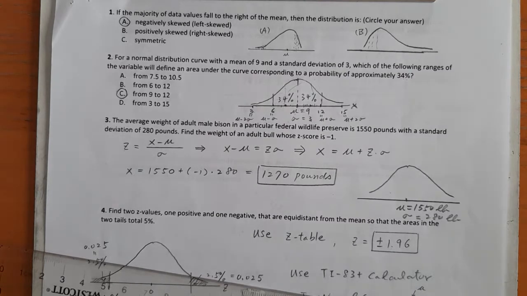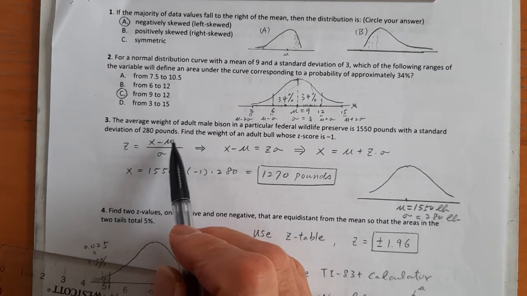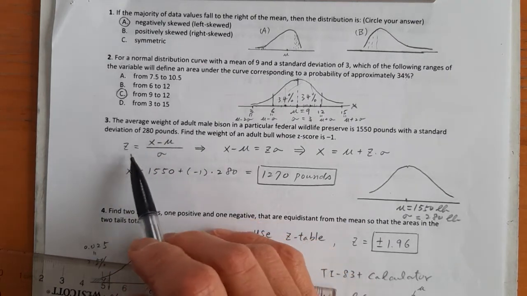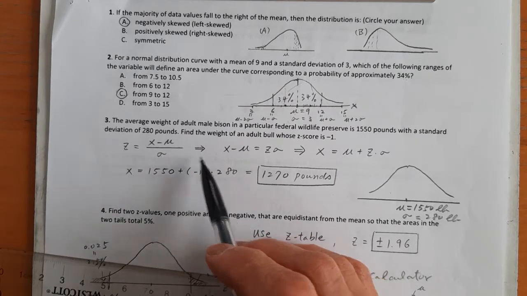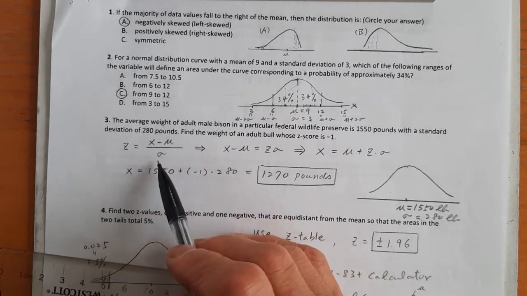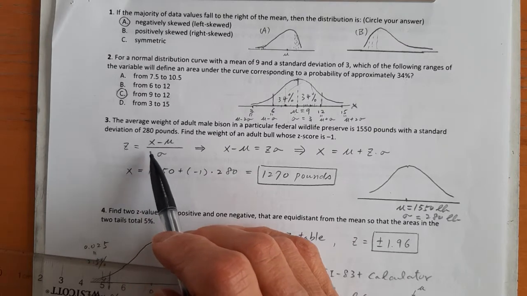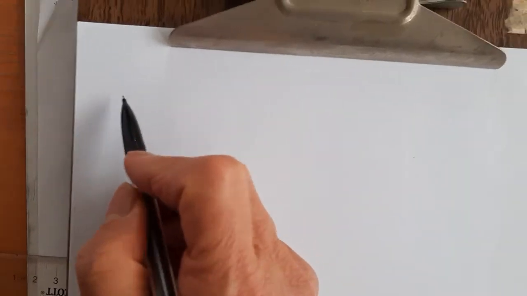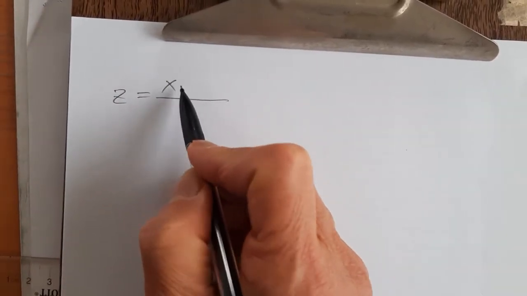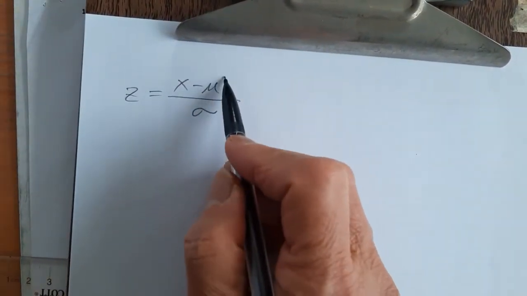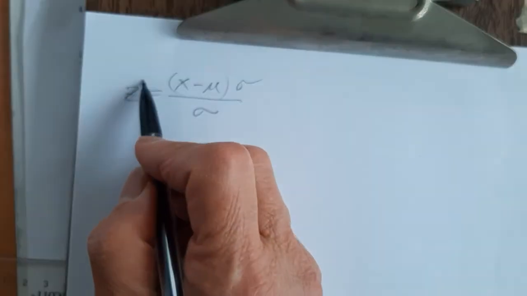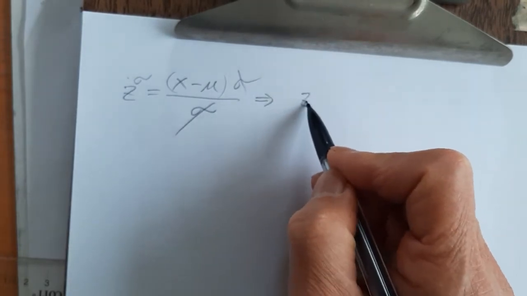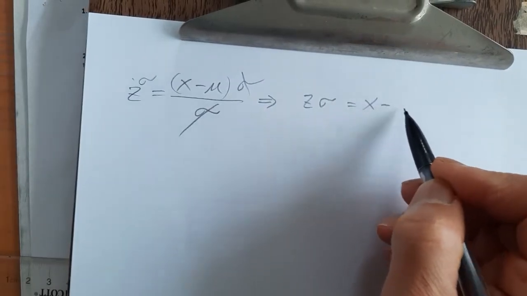Z equals x minus mean over standard deviation. Then x minus mean equals z times standard deviation: you multiply both sides by sigma, and the sigma cancels, so you get z times sigma equals x minus mean.